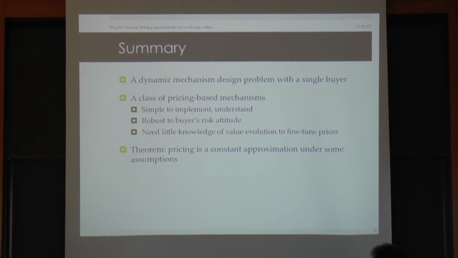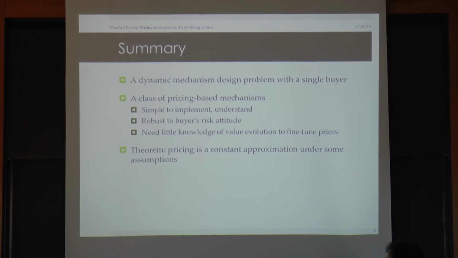So the point of this work is to consider dynamic settings, where if you were to try to write down a mathematical description of the problem, you'd have to make assumptions on the buyer's attitude towards risk, on the specifics of the value evolution process.